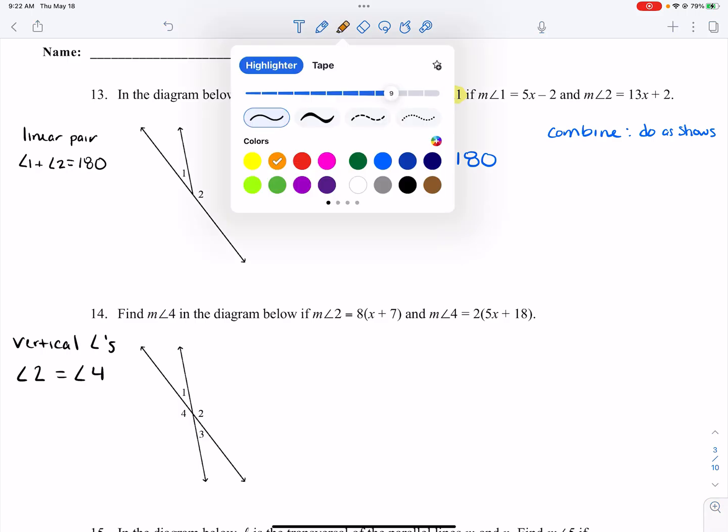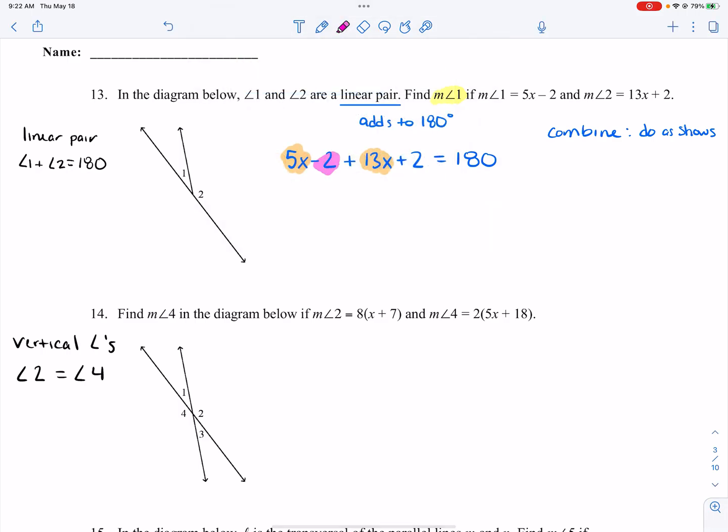So those two are same terms, and then these two are same terms. So 5x plus 13x is 18x, and then negative 2 plus 2 is 0. So I'm going to write it just for now, but you don't have to. Okay, so again, if it's plus 0, I can just write 18x equals 180.